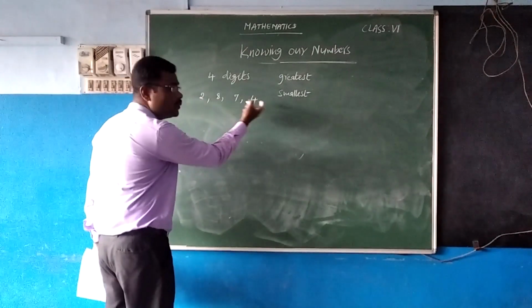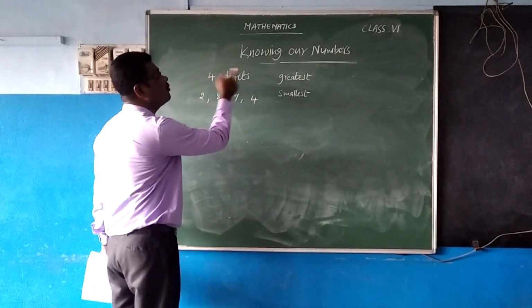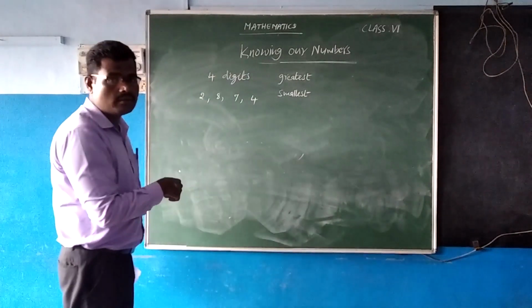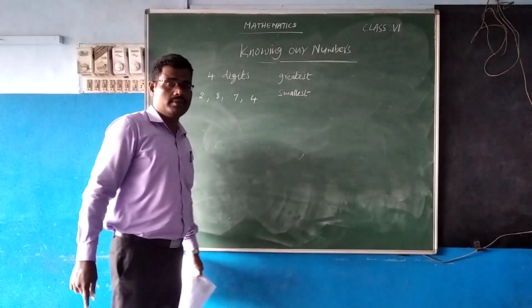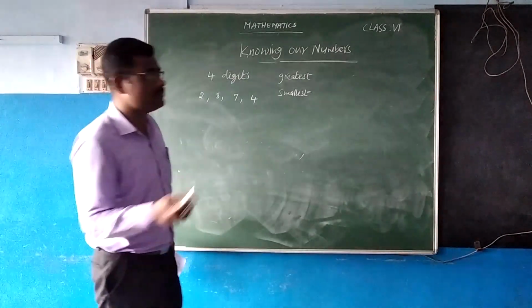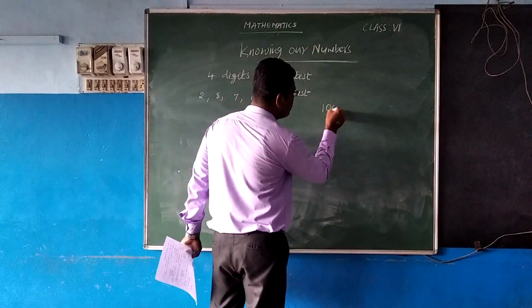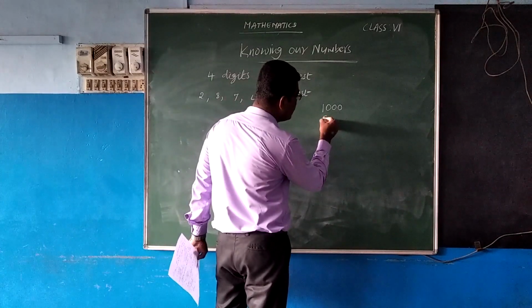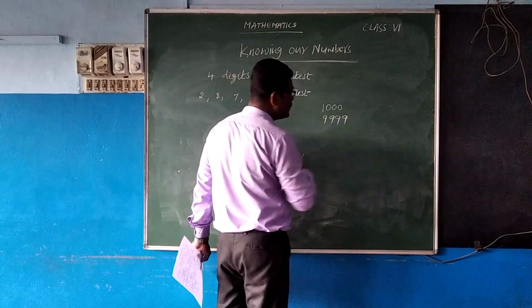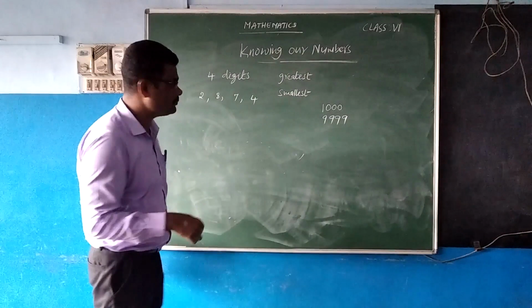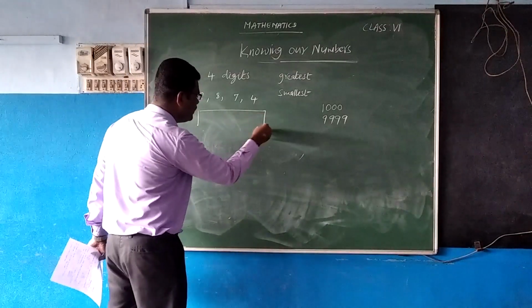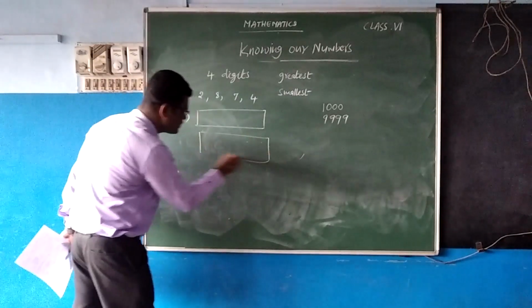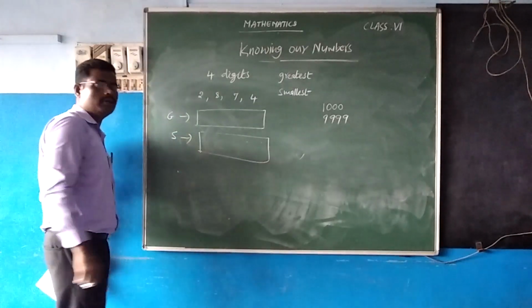So what we need to do? We need to form a 4-digit number. Can you say the highest 4-digit number, the lowest 4-digit number? The lowest 4-digit number is 1000. The highest 4-digit number is 9999, isn't it?